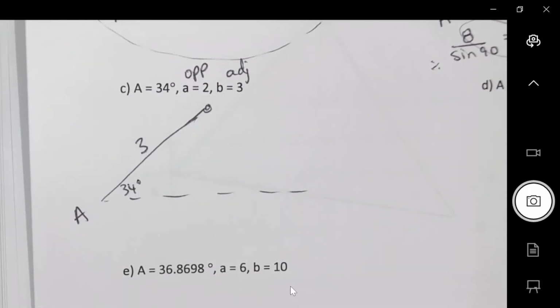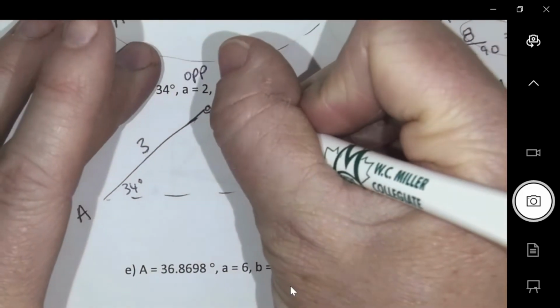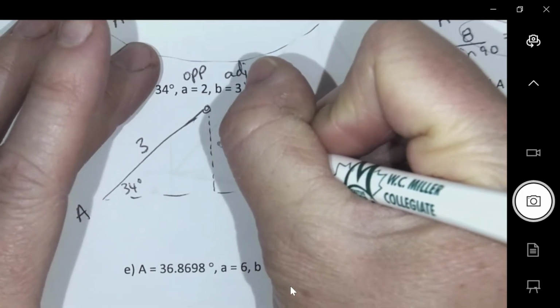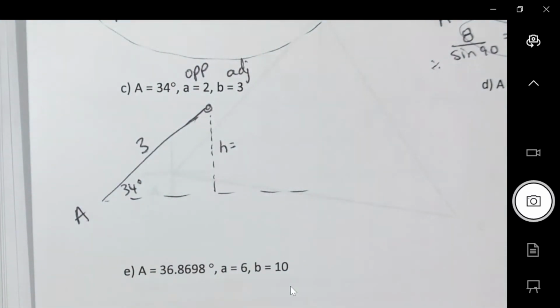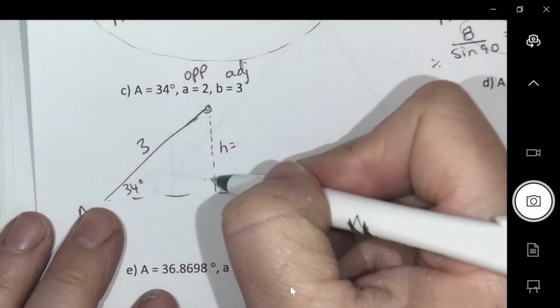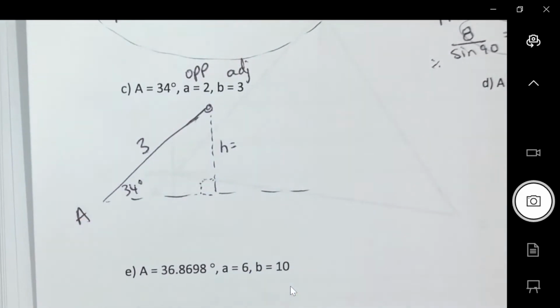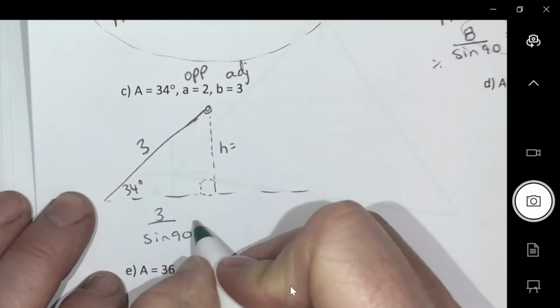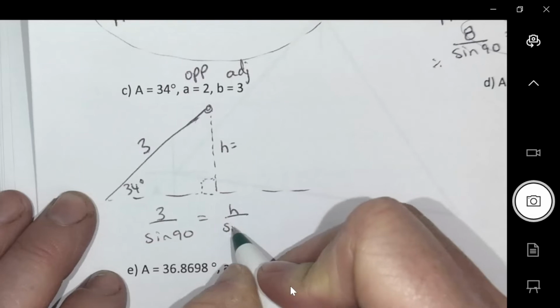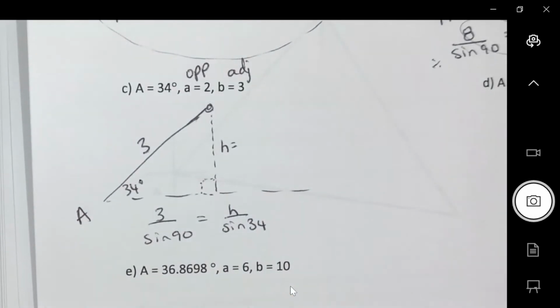So I'm going to have to test. I got to figure out the height again. Okay, because once we're shorter, we always have to test the height. So I'm going to go 3 over sine 90 is the height over sine 34.